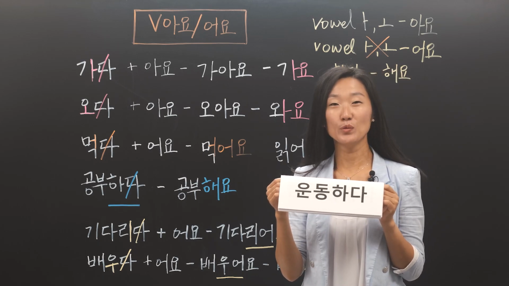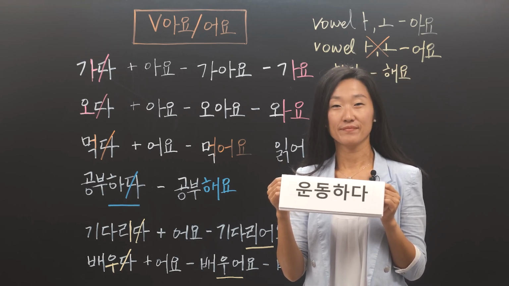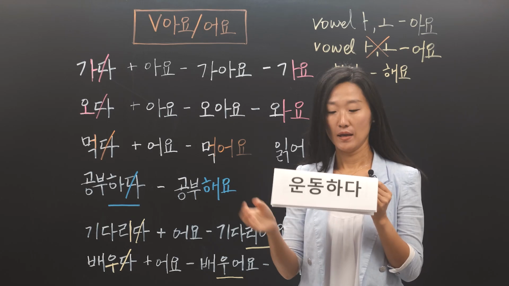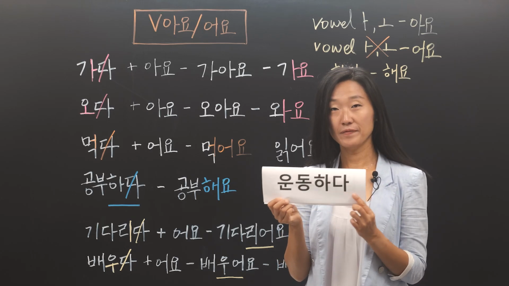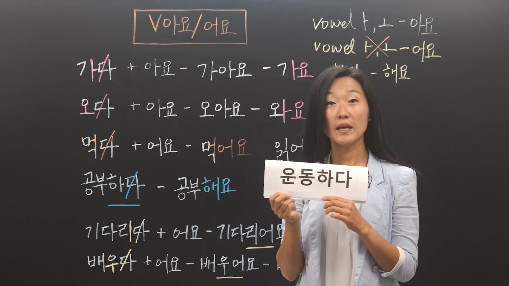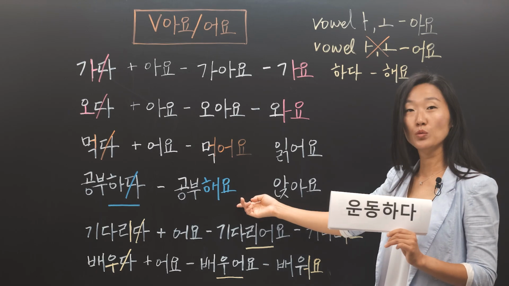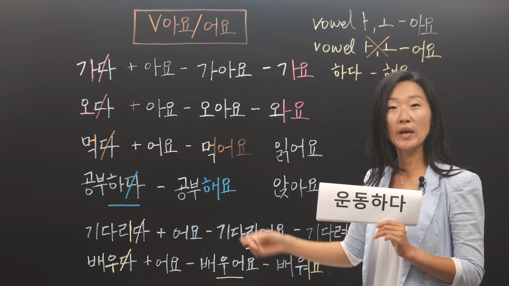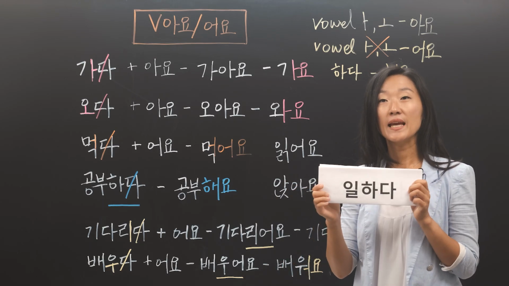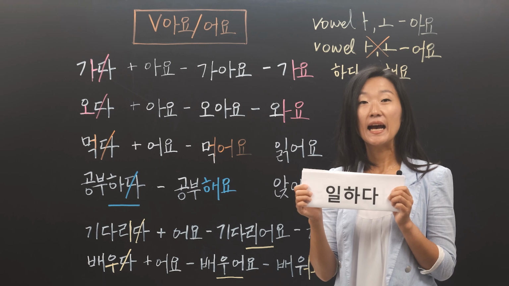운동하다. To exercise. 하다 verb becomes 해요. 운동해요. 일하다.